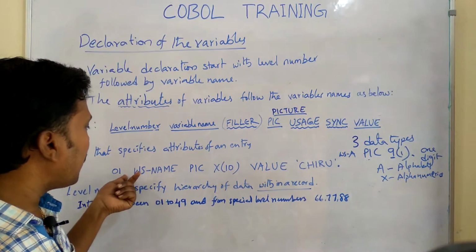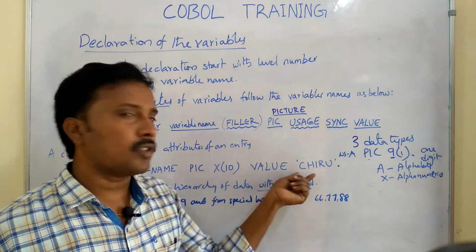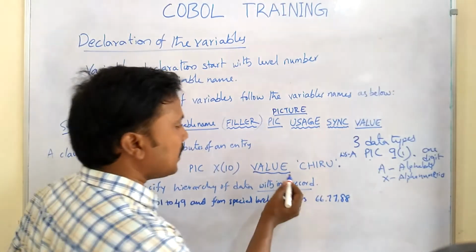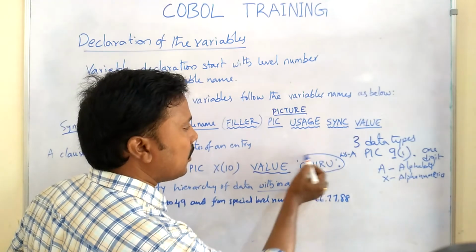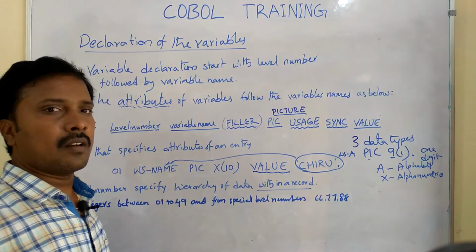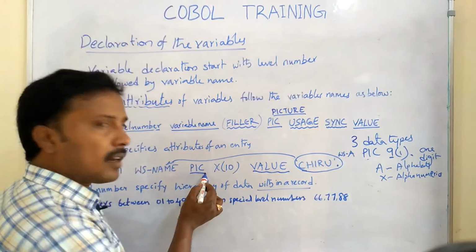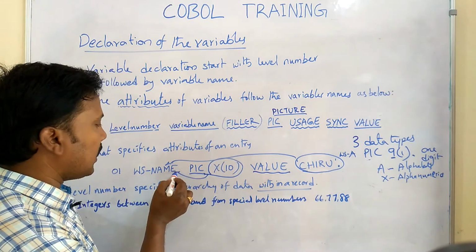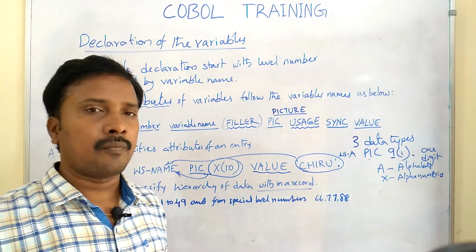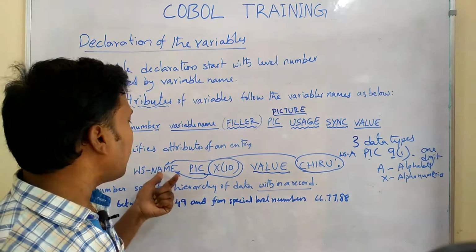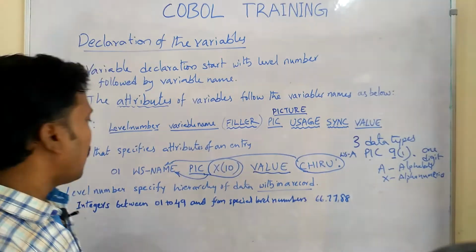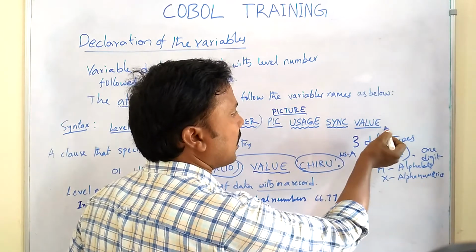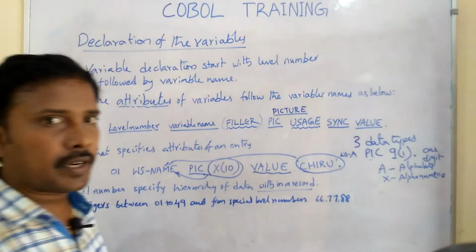If you see 01 WS-NAME PIC X of 10 VALUE 0, this value is also a clause that specifies the value for this variable. And the picture clause specifies what data type the variable can take. The usage, sync and value clauses we will see shortly in this video.